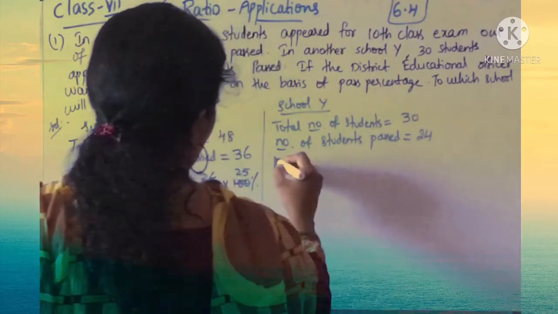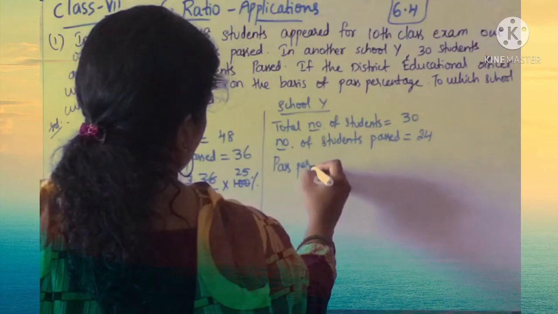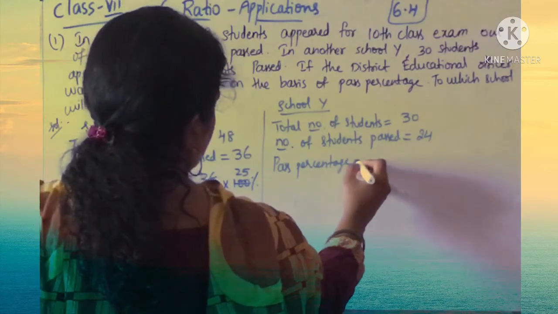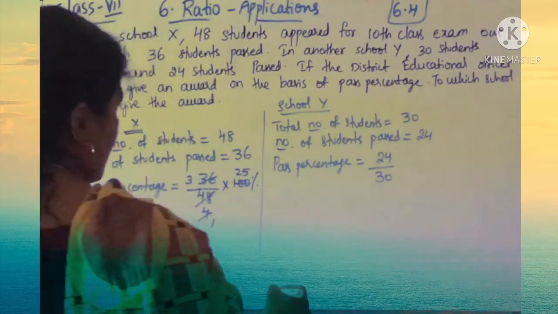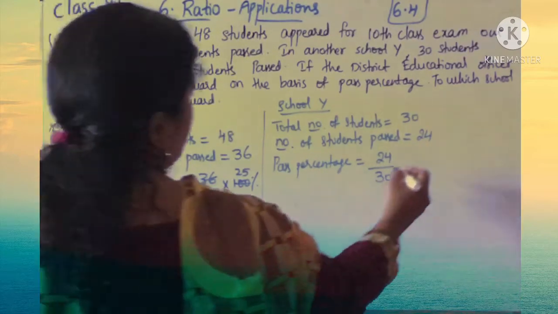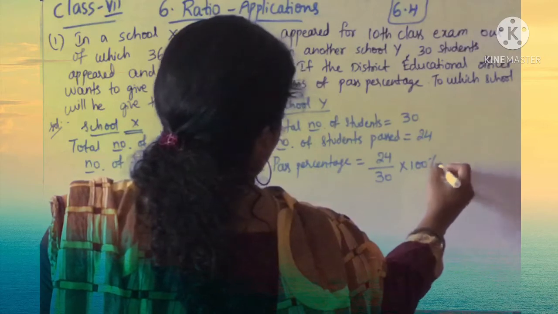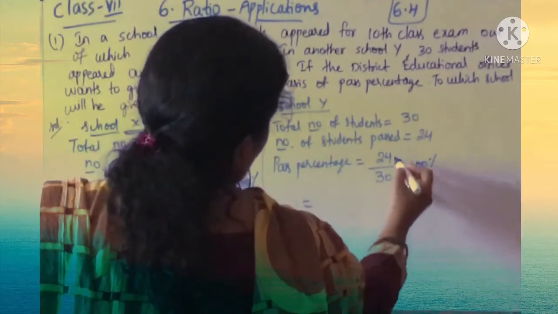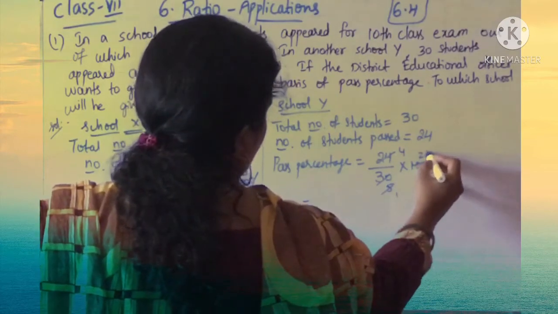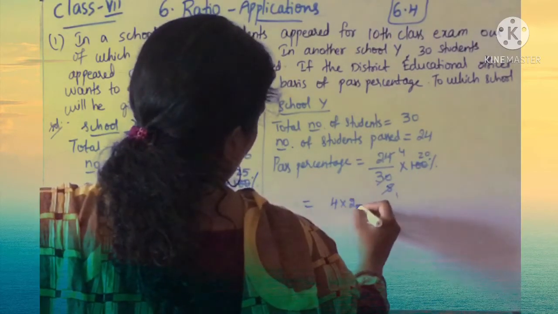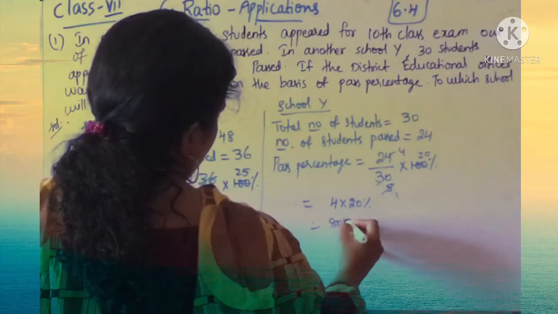So we'll find out the pass percentage. 24 students passed out of 30, and it is a fraction. How to convert a fraction into percentage? Into 100%. So here you can cancel: 6 4s are 24, 6 5s are 30, and 5 1s are 5, 5 20s are 100. So finally you will get 4 into 20%, that is 80%, right?